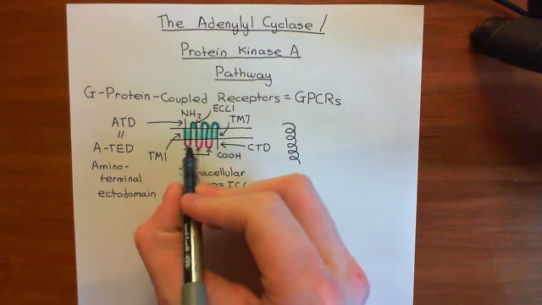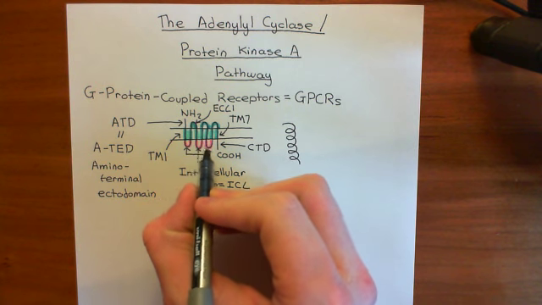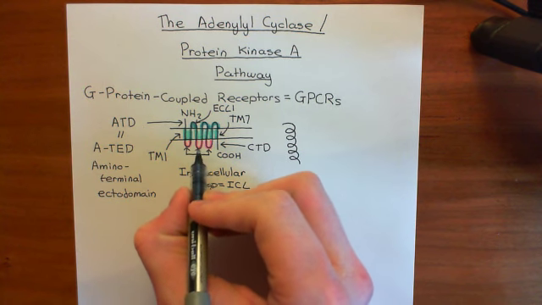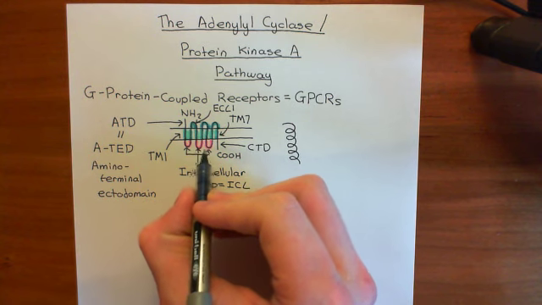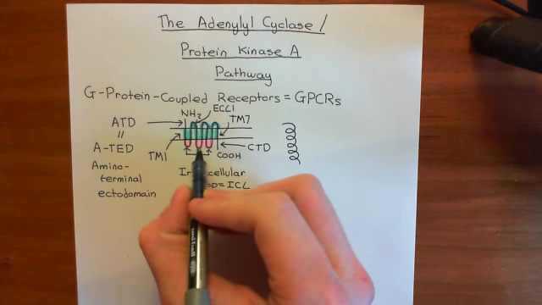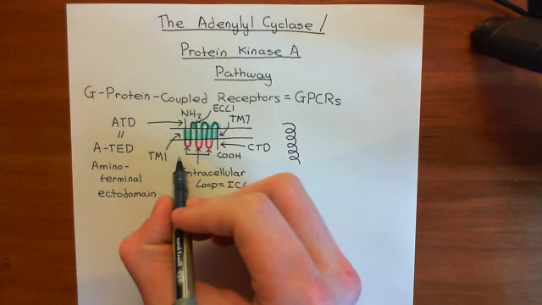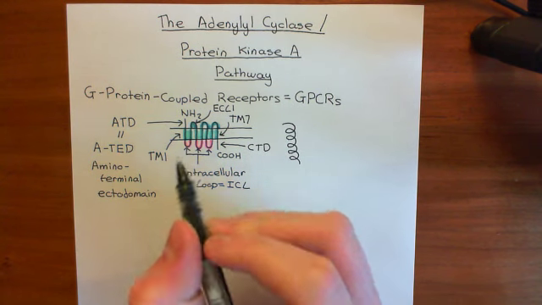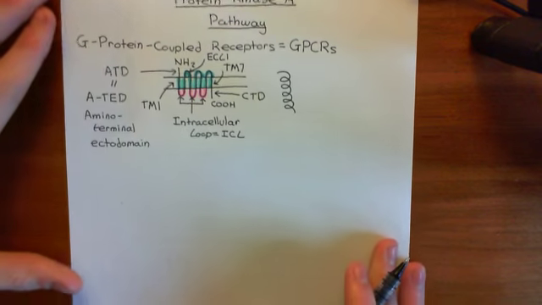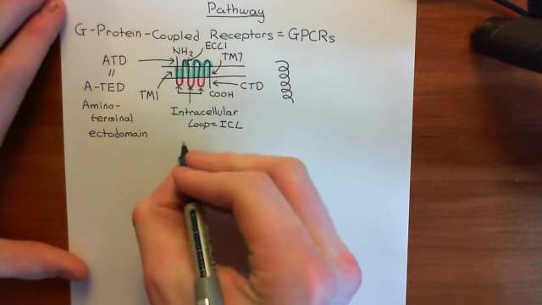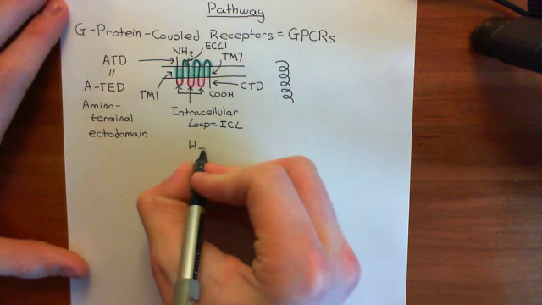So the 3 intracellular loops will change in conformation, and that will now make available a binding site formed by these intracellular loops for the next protein along in this signaling cascade, which is going to be a heterotrimeric G-protein. So we now need to turn our attention to the heterotrimeric G-proteins.